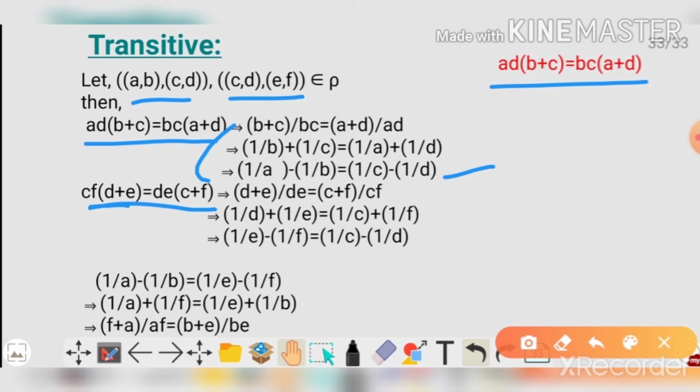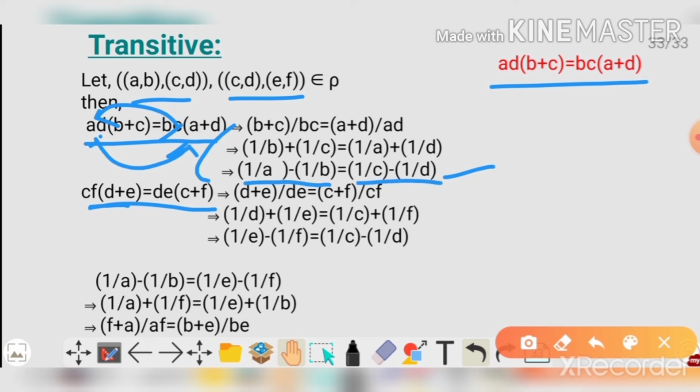We just interchanged bc and ad. We sent ad to the right hand side and bc to the left hand side. And then we split the relation, like 1/b + 1/c and 1/a + 1/d. Then we rearranged this. We put 1/a and 1/b on the left hand side and 1/c and 1/d on the right hand side.